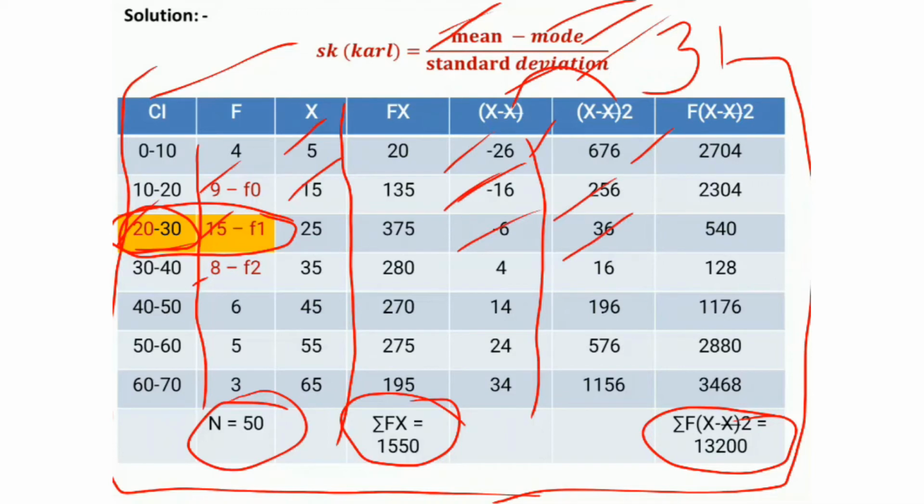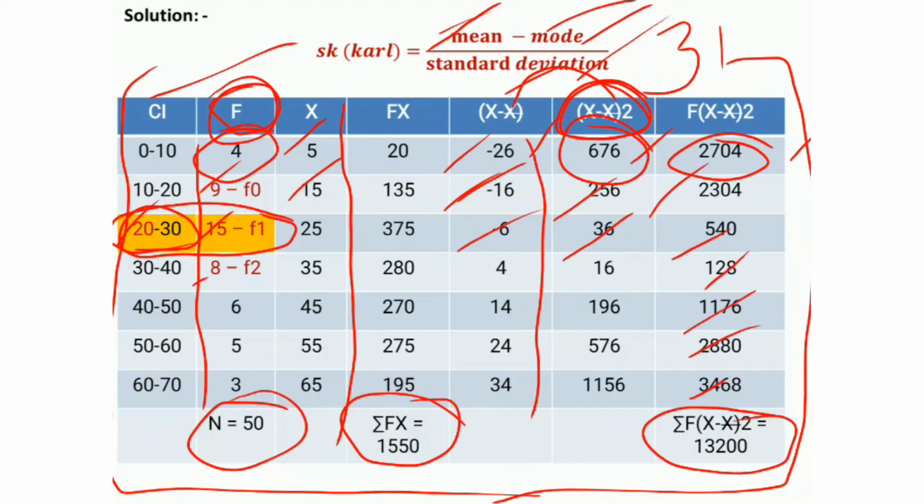After squaring, multiply the (x minus x mean) whole square values by the frequency values. For the first value, 676 multiplied by 4 gives 2704. Similarly, do it for all the rows of that column and add all the values, and you will get 1320.